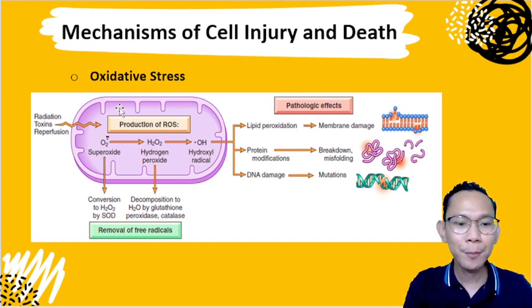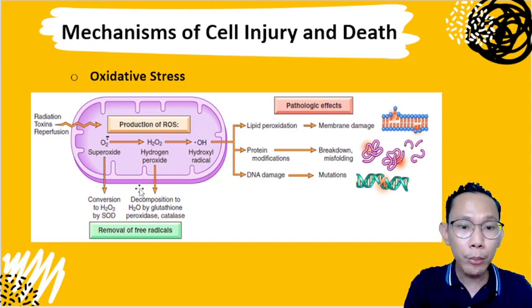What happens next? These free radicals are removed by spontaneous decay and by specialized enzymatic systems. So in short, itong mga superoxide, hydrogen peroxide, and your hydroxyl radical is being removed by these enzymatic systems. This enzymatic system will help us remove these free radicals.